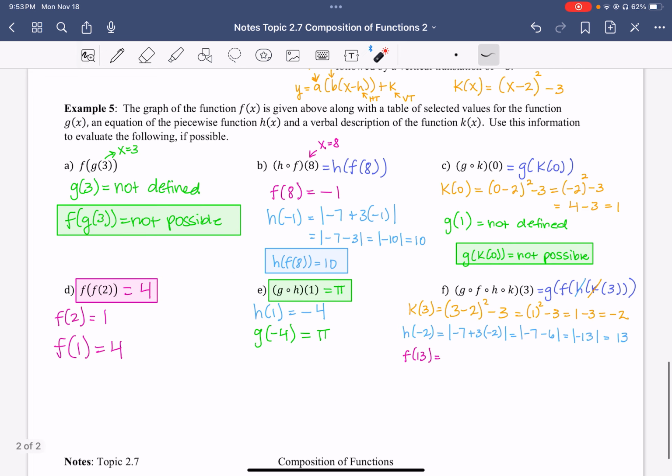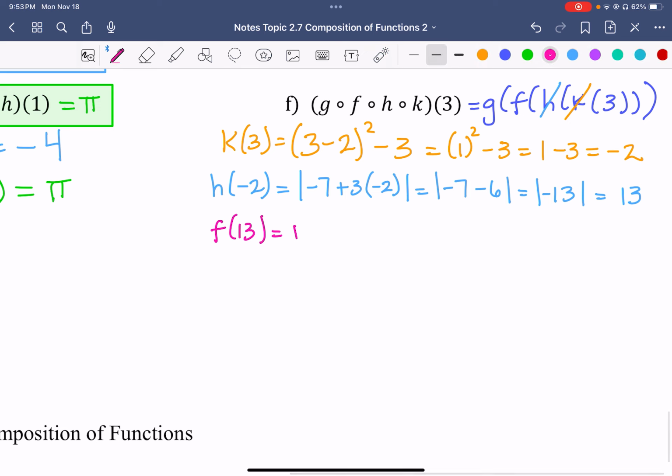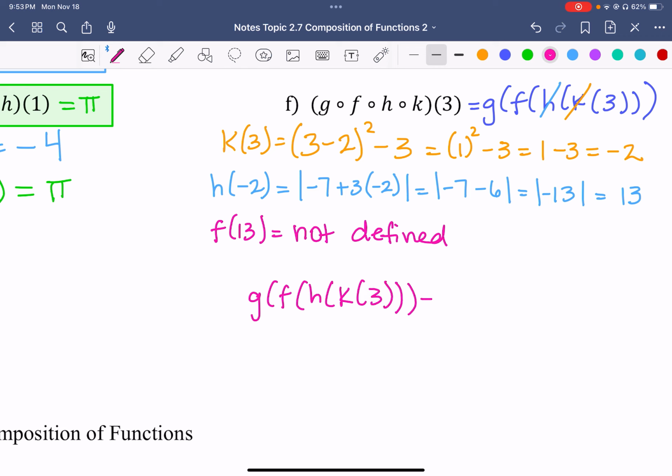So this one is not defined. It doesn't mean it doesn't exist. There could be something there, but they didn't show it to us. So that means that g of f of h of k of 3 is not possible.